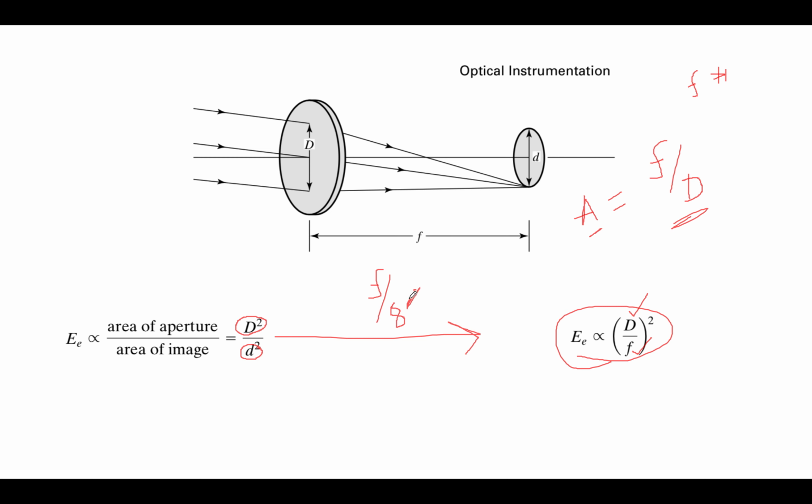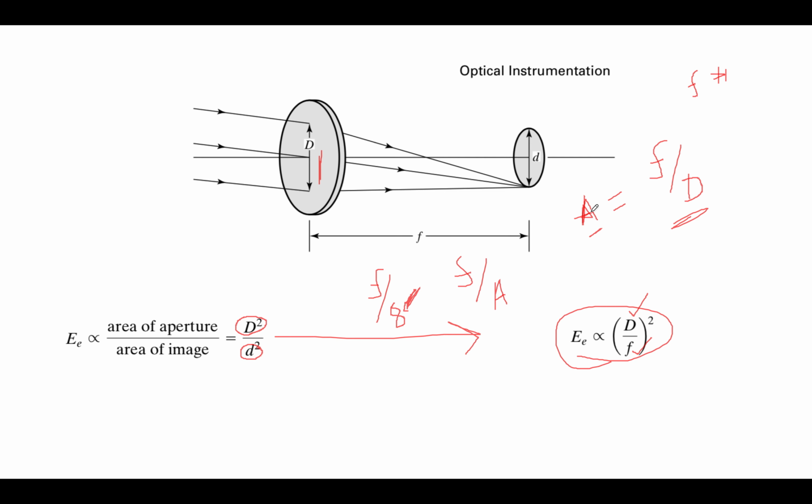This 8 has nothing to do with the diameter of the aperture. If you buy a commercial camera or commercial lens, it has an f number of f over 8. This denominator 8 has nothing to do with the diameter, really, because in commercial cameras, what they're giving you as f number is actually the focal length divided by this a, right?